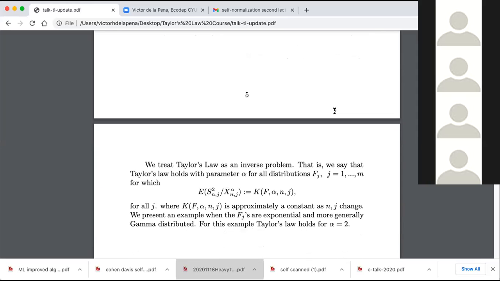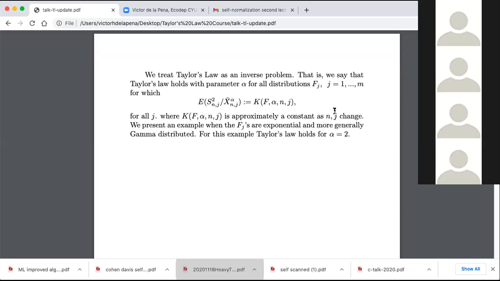So we treat Taylor's law as an inverse problem. That is, we say that Taylor's law holds with parameter alpha for all distributions f_j for which the expected value of S_n squared over x bar_n to the alpha is equal to a function of the distribution times alpha, n. Again, in this case, alpha is what I called b in the original slides, so I'm sorry for this change of notation.